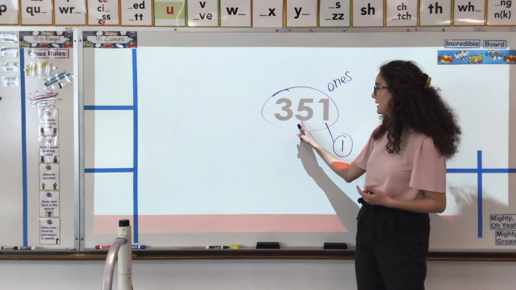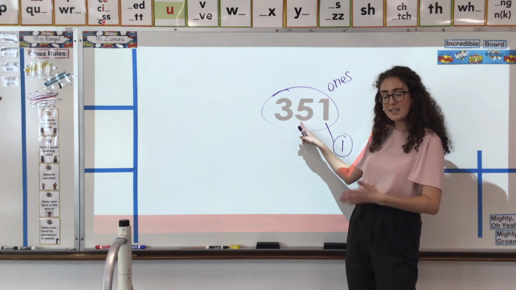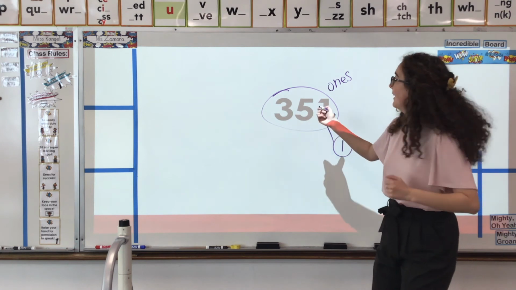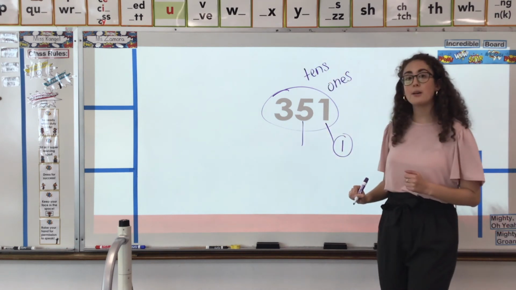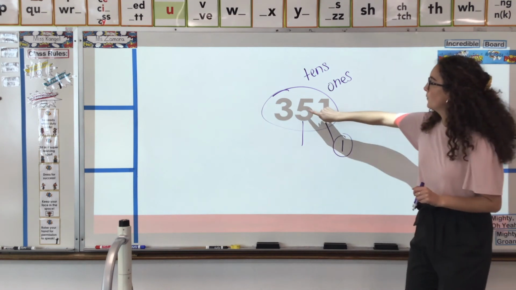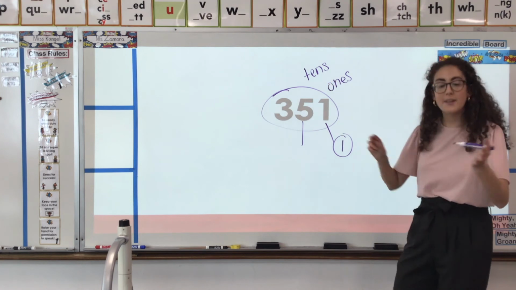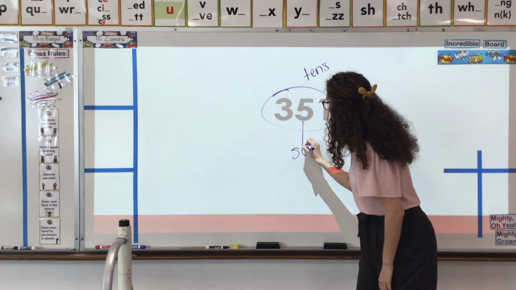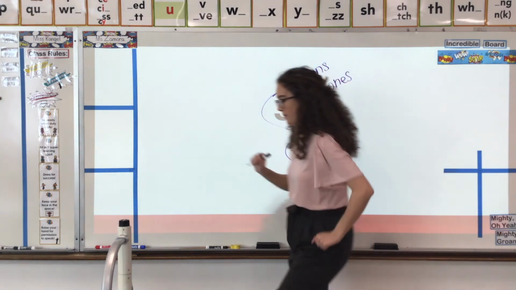Good job. Okay, next. The digit 5 is in the tens place. So the value is 50. 50. Good job. 5 tens equals 50.